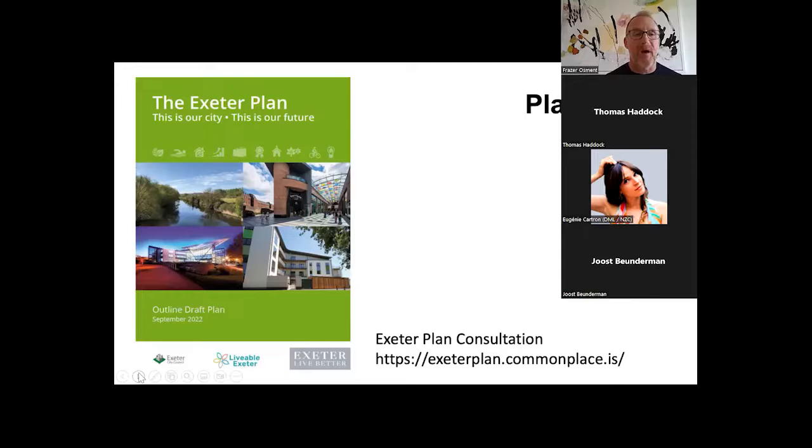Embedded in the heart of that local plan is a commitment to its net zero future, but equally importantly, the Livable Exeter proposition stands absolutely central to that. So planning is not just a matter of land allocation and transport and social issues. It's a joined up proposition to deliver on that mission, if you like, of a livable future. So the next slide.